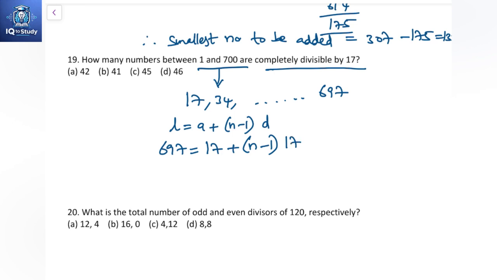That implies 680 is equal to n minus 1 into 17. 40 is equal to n minus 1 and n is equal to 41. So the required number is 41.